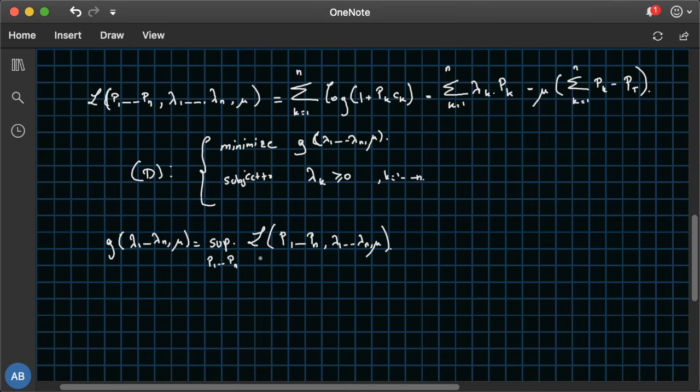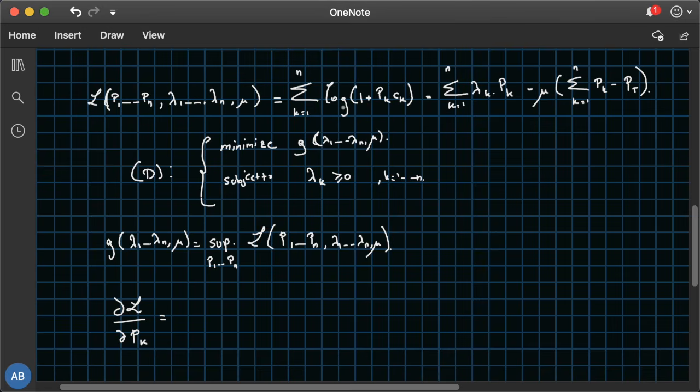So the way to maximize or to find the supremum is to derive with respect to each and every one of those p's, right? So let's find the derivative of the Lagrangian function with respect to pk. Deriving L with respect to pk, we've got a sum of logs.